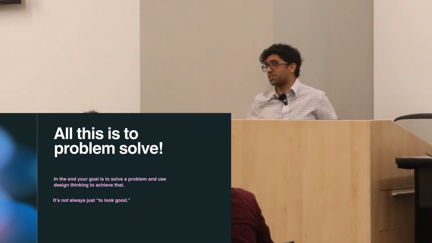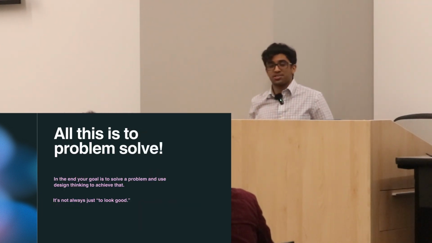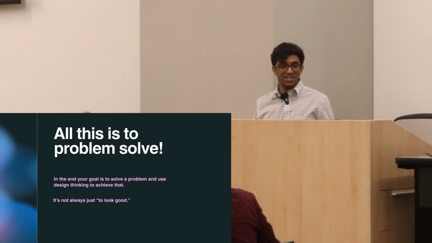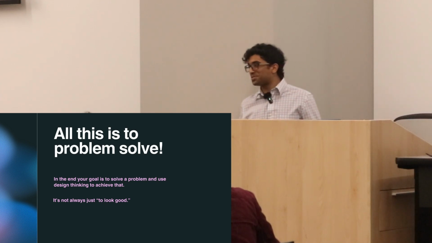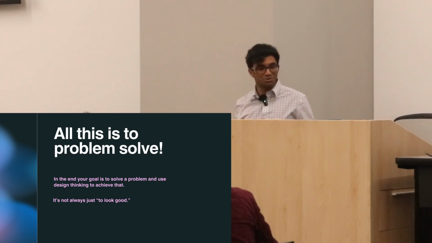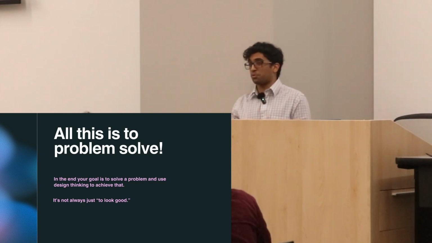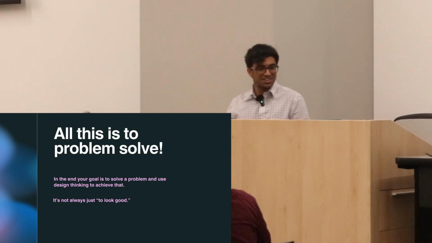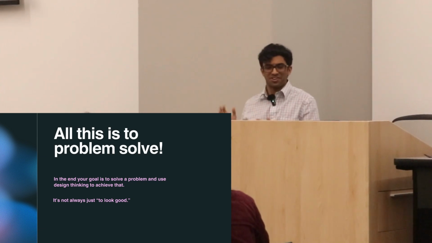One thing I want to emphasize though is with UX and with design, this is all about problem solving. Your main goal isn't necessarily to make something look good or make something stand out or make something nice, flashy, and colorful and all that. It's to solve a problem, and that's what design is all about in the end, whether it's web design or UI design or anything like that.